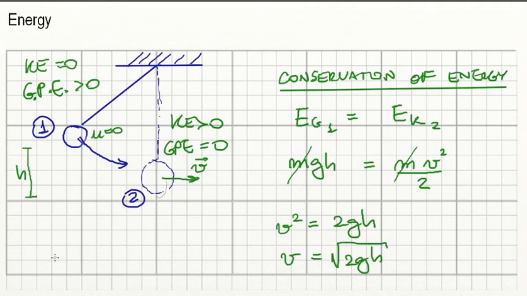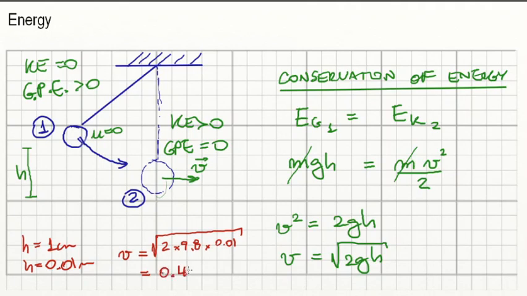So just so you have some idea of how large it's going to be, if your height is, let's say, 1 centimeter, which is 0.01 meter, your speed here would be root of 2 times acceleration of gravity times 0.01. And if you work this out, you will find something around 0.44 meters per second, which seems a bit large for such a tiny distance, but that's it.